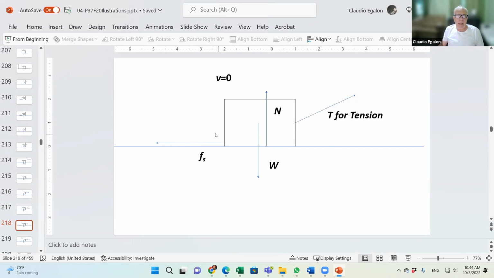In this specific case, it's fair to assume that what we have here is going to be a force of friction. And this force of friction has a specific name. It's called the force of static friction.